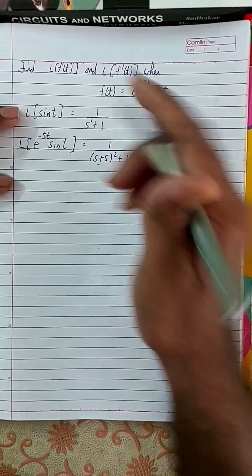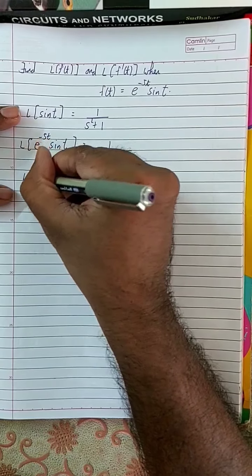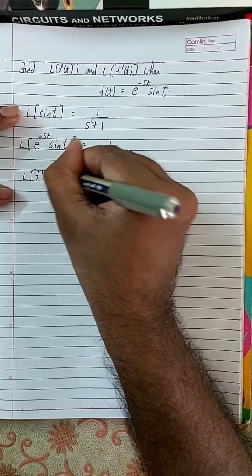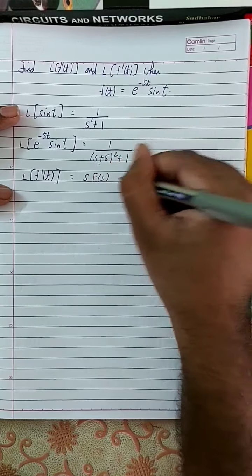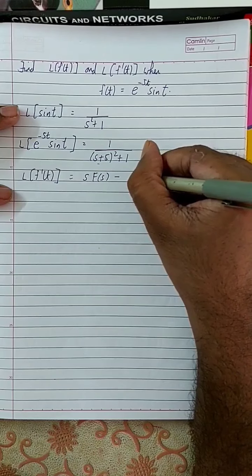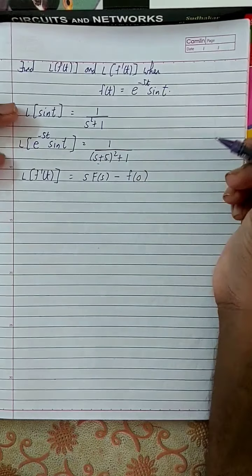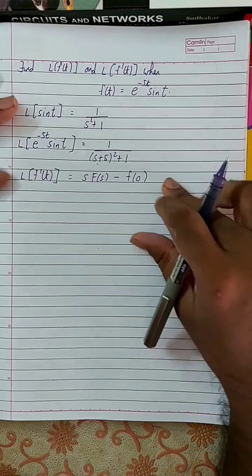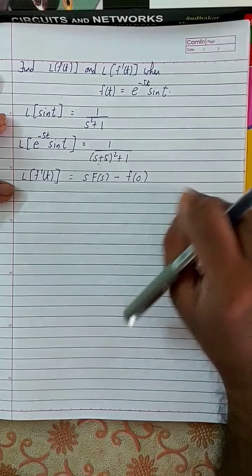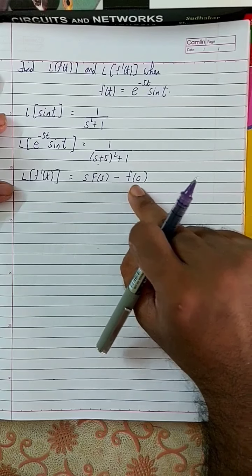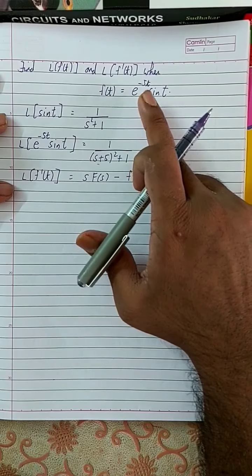Now the Laplace transform of f dash of t is equal to s F of s minus f of 0. What is F of s? F of s is this function itself, minus f of 0, which is this function when time t is equal to 0.